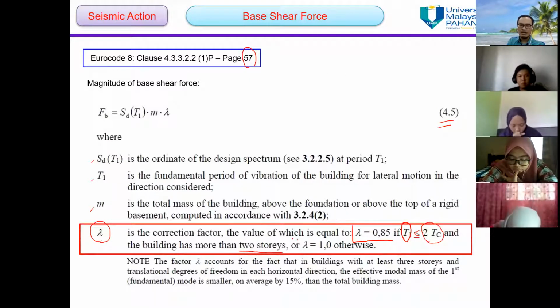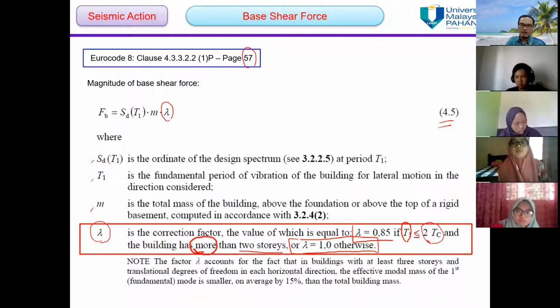Otherwise, it is equal to 1.0. So for a building which has more than 2 stories, the correction factor is equal to 0.85 automatically. For a 1-story building, the value is 1.0.